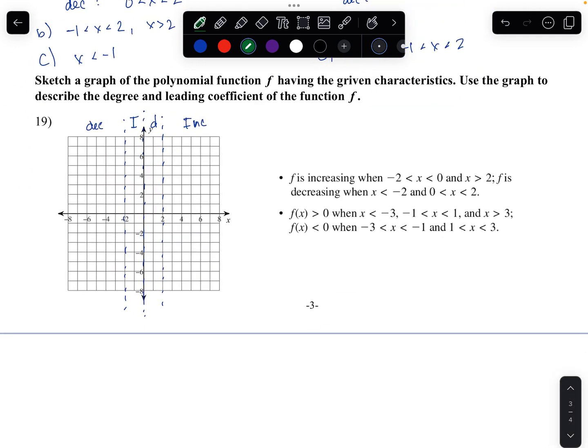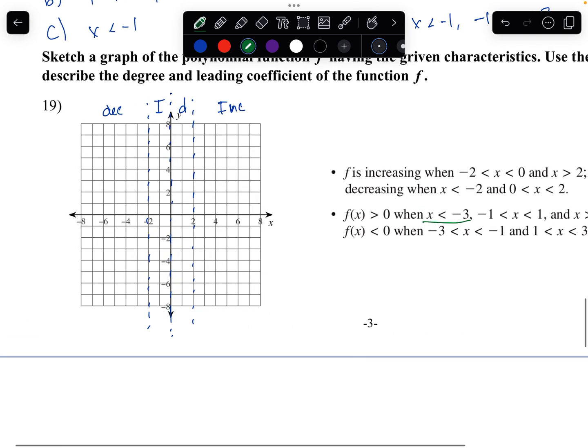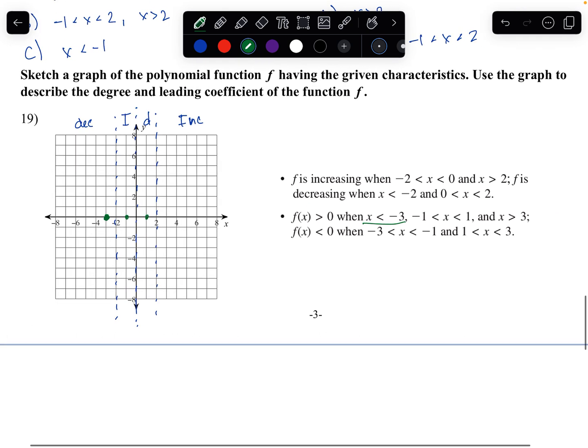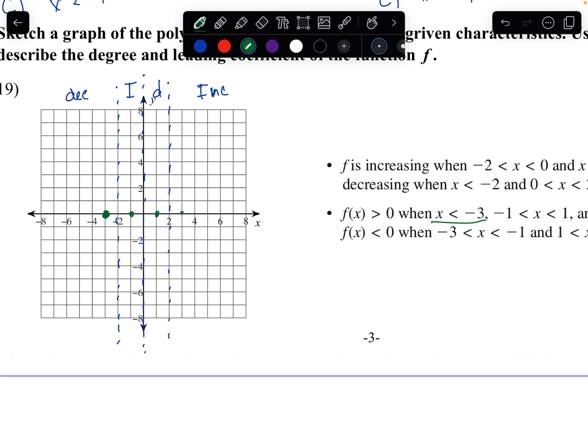So when f of x is positive, when x is less than -3, I'm going to put a dot right here to tell me whenever it's going to change. And then it says from -1 to 1. So I'm going to put a dot right here and a dot right here. And then when x is greater than 3. So a dot right here. So basically we just found where it's going to touch or where it's going to cross the x-axis.